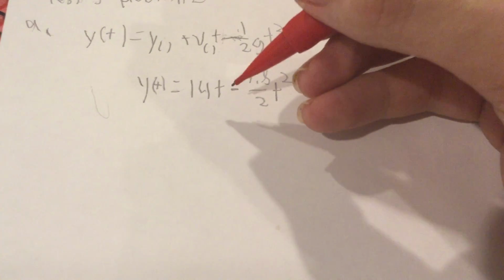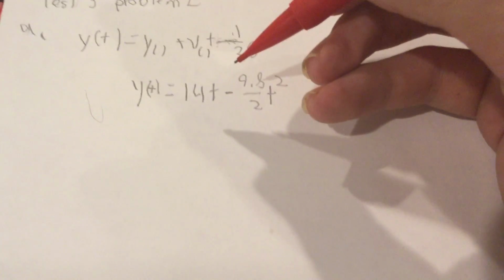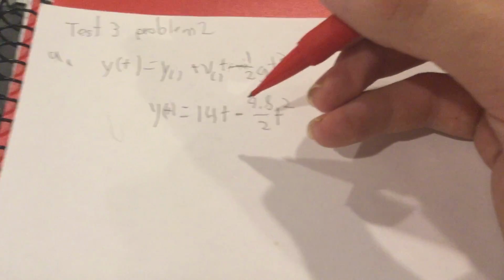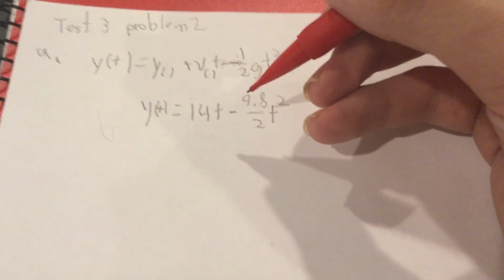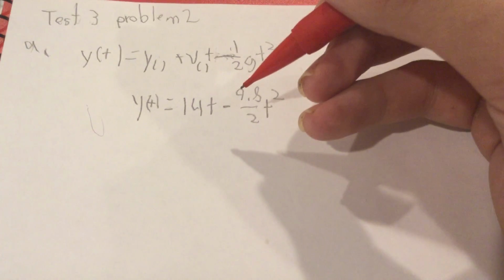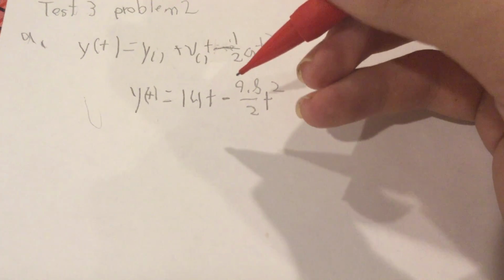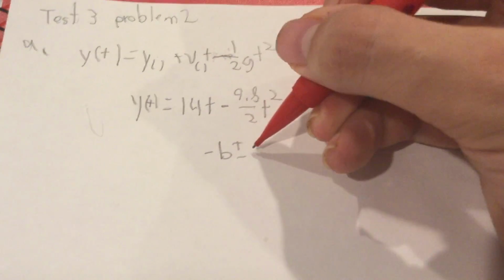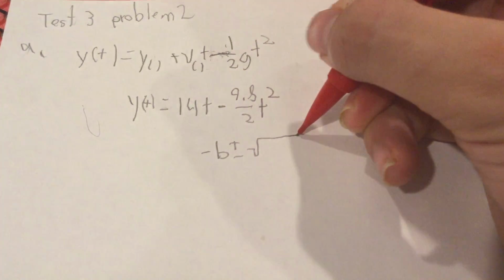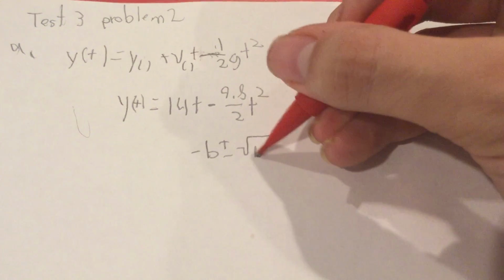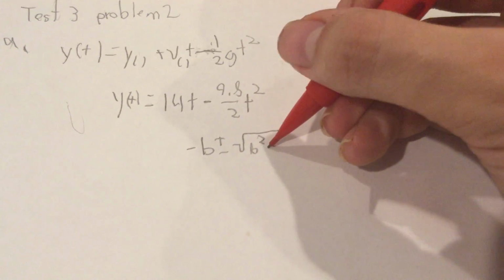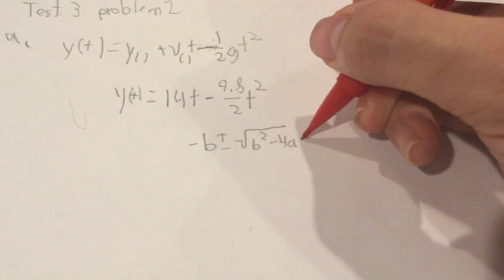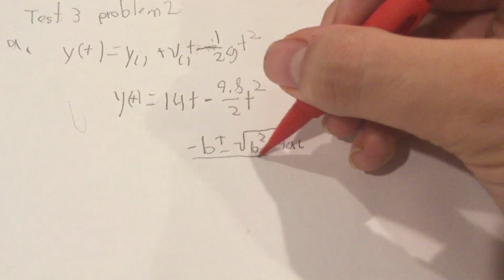Now we can go about this problem a couple ways. We can plug it into the quadratic formula, negative b plus or minus the square root of b squared minus 4ac, all over 2a.